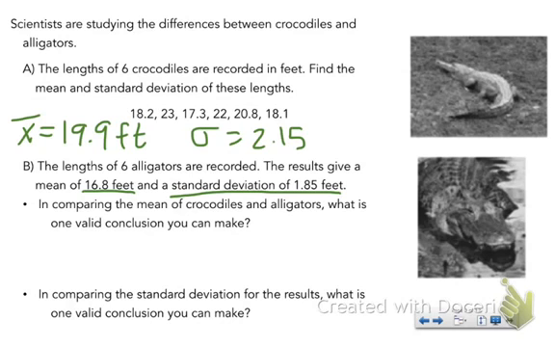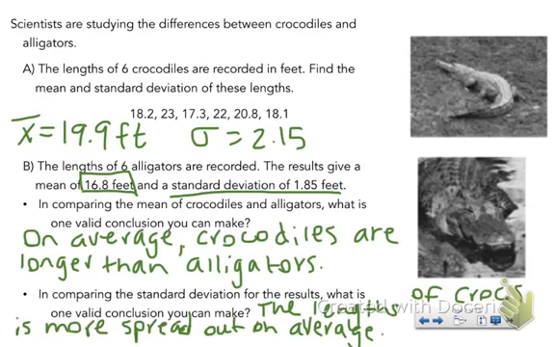In comparing the mean of the crocodiles and alligators, what is one valid conclusion you can make? So alligators have a smaller average length than crocodiles, according to this data. So that's one conclusion. So again, on average, crocodiles are longer than alligators.